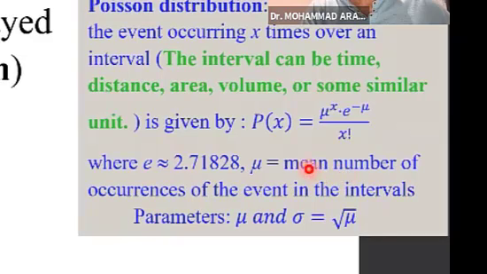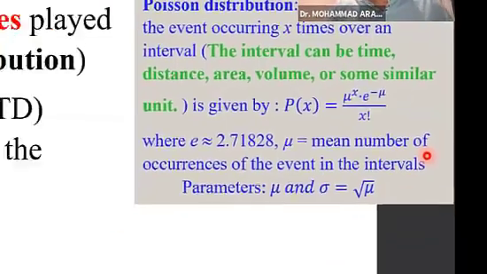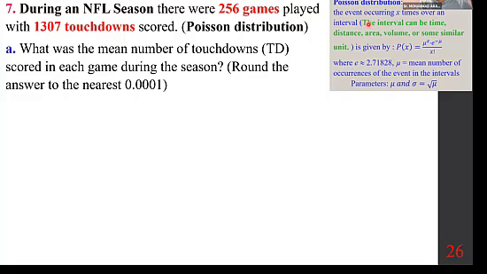Mu is the mean number of occurrences of the event in the interval, and the parameters for Poisson distribution are mu and sigma, where sigma equals the square root of mu. So, Poisson distribution. The probability of the event occurring x times over an interval, this is the same concept.